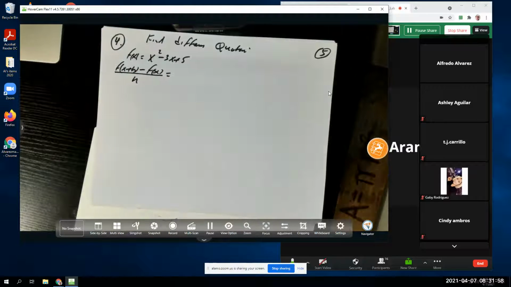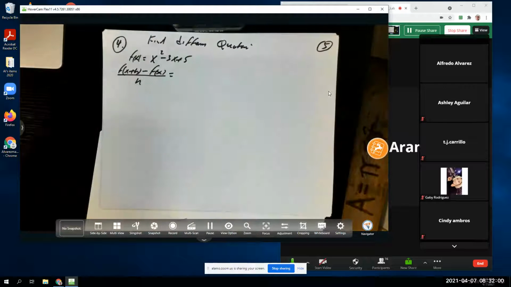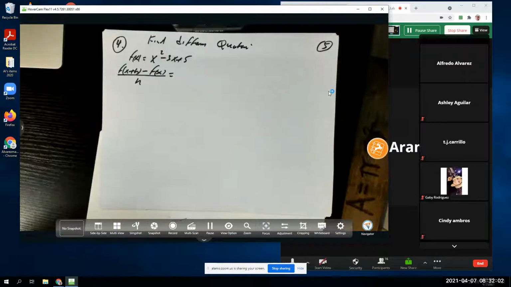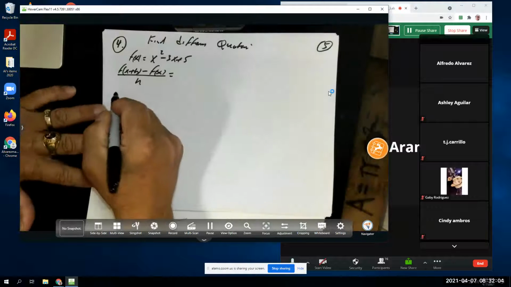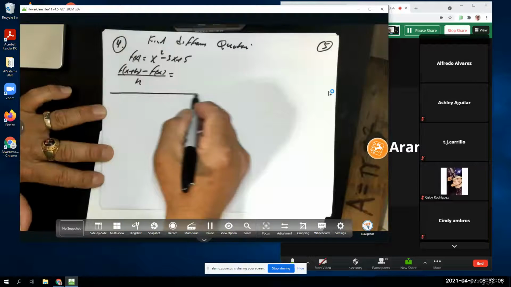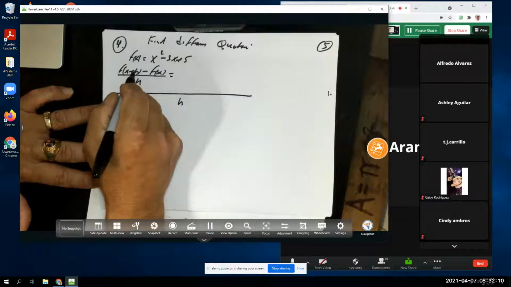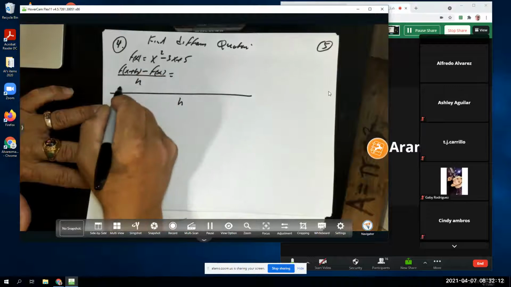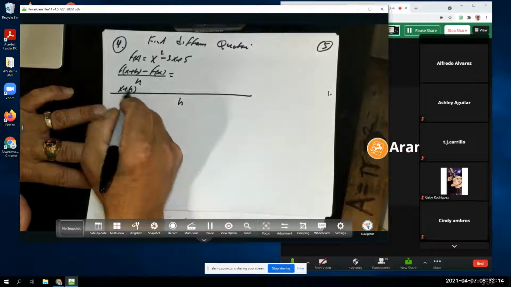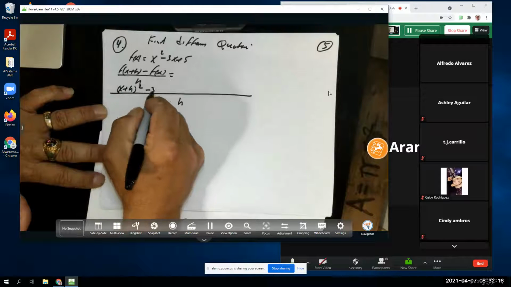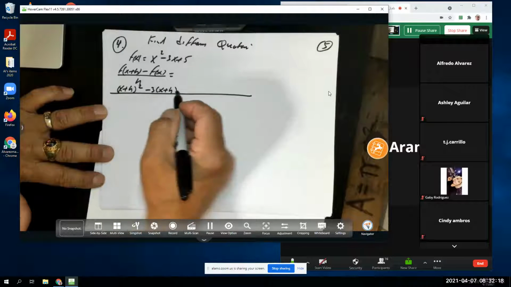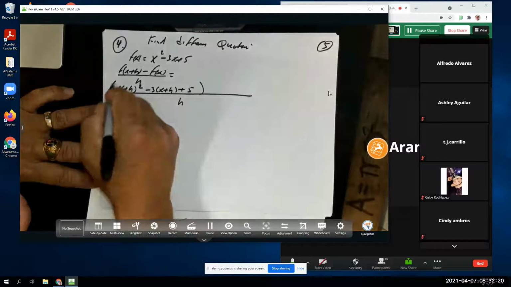That formula, I'm going to use it for that problem right there. And then when we did it a long time ago, you put the big line, put the h here, and then you put x plus h inside there. So this is going to be x plus h squared minus 3 times x plus h plus 5. That's on the left side.